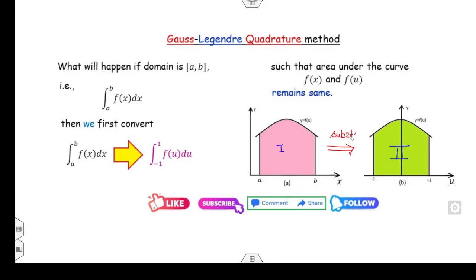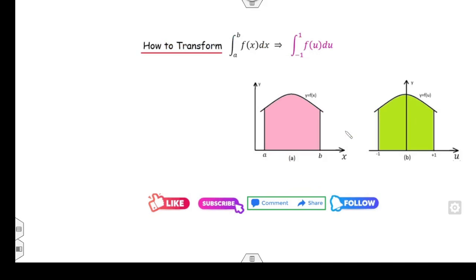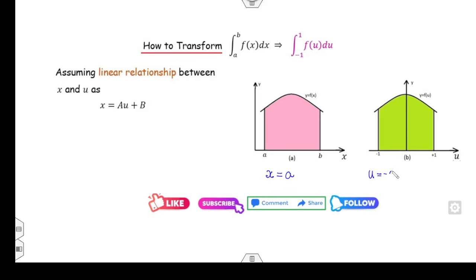By using a substitution. So I can assume the linear substitution x is equal to au plus b. Now clearly from this figure, whenever x is equal to a, u is equal to -1.